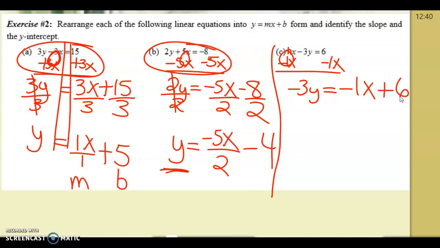Riley, what would we do next here? Get y by itself. Yeah, so the steps are always kind of the same. I divided by 2 there, divided by 3. This time I am going to divide by a negative and make sure that everything gets divided by that negative 3. What we did is got y by itself. It's closer and closer to slope-intercept form.